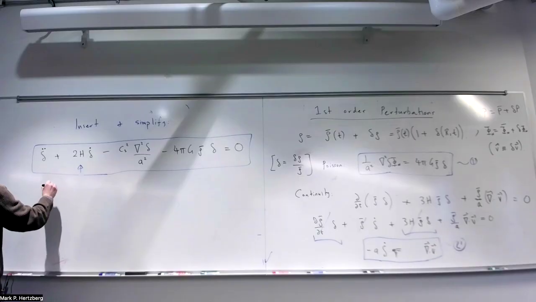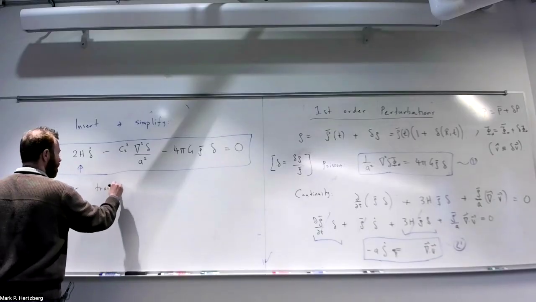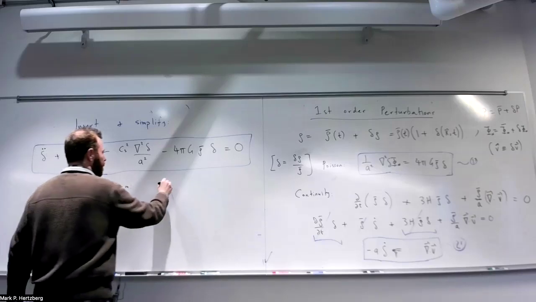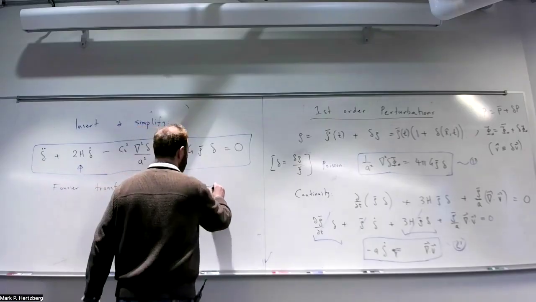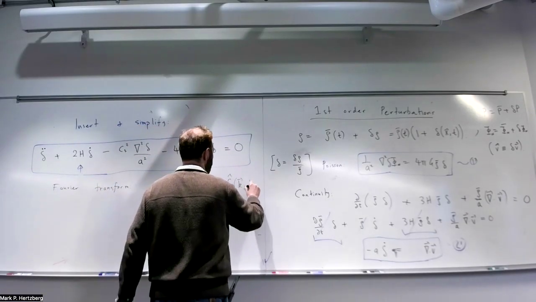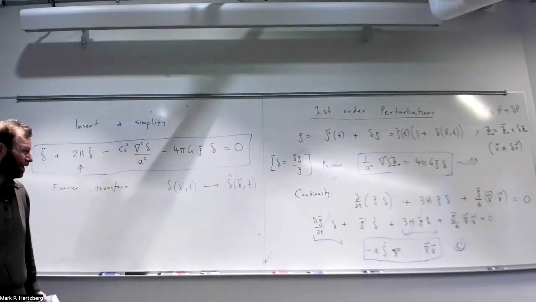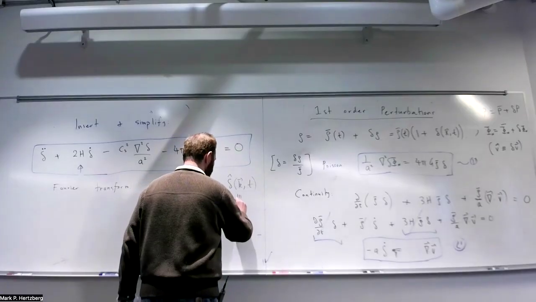So again, we can Fourier transform this thing, from delta, which remember, these things are functions of space and time, to delta of k and time. And in the literature, people often just call this delta sub k.